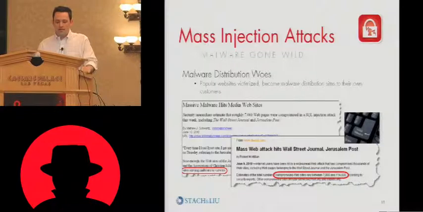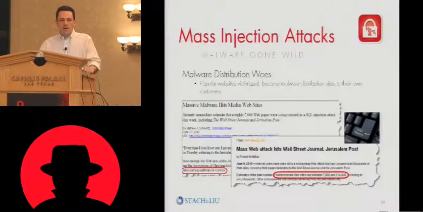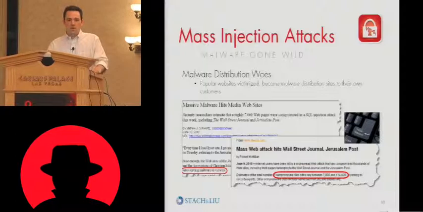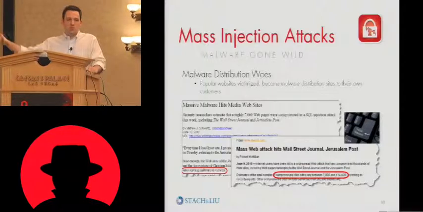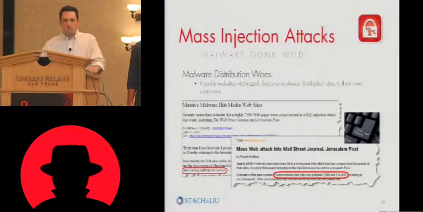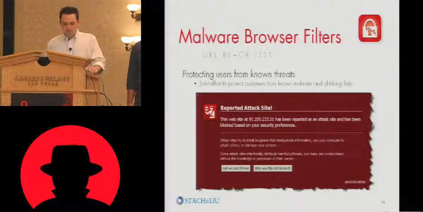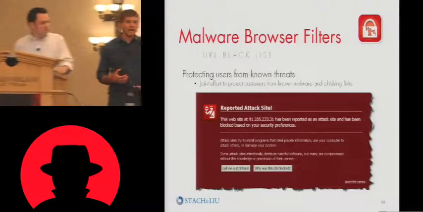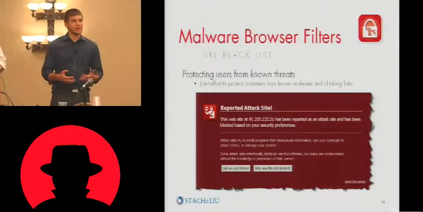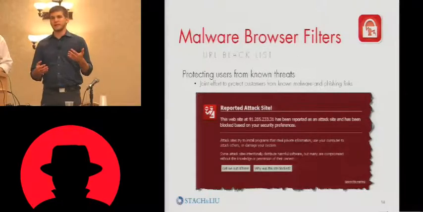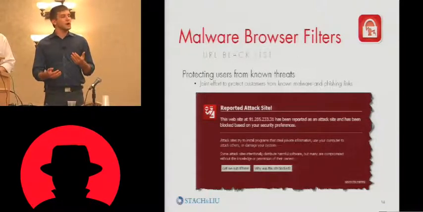As soon as that came out, they just popped them and appended the exploit to every page. Anyone who came to the page was redirected to this exploit. Thereby, anyone who went to the Wall Street Journal that day got their browser popped. And so these URL blacklists are expanding, but it's difficult to know what is in those. What should I be aware of?